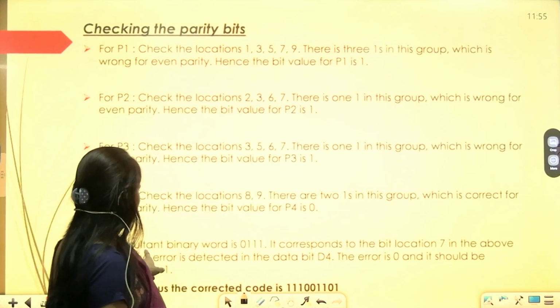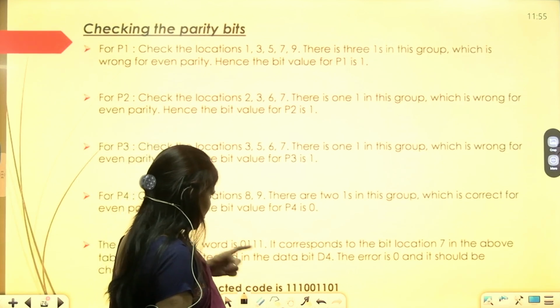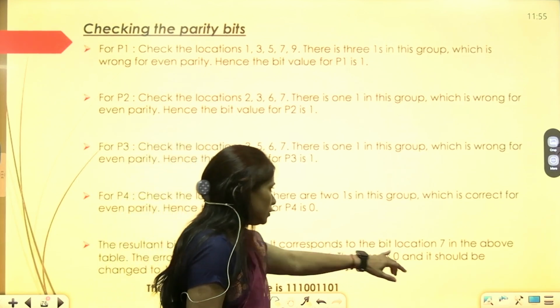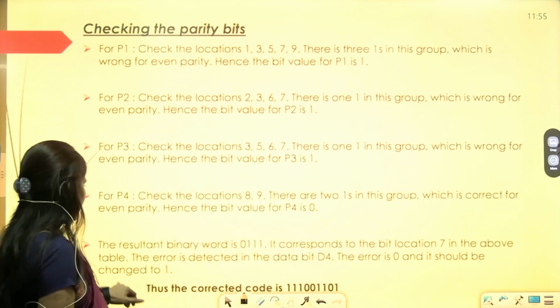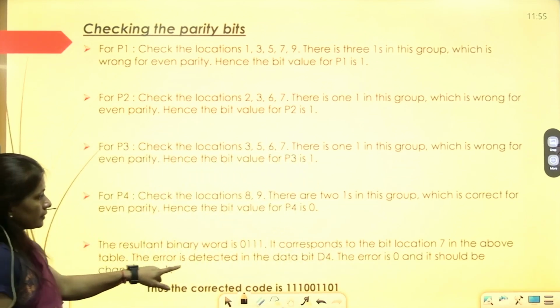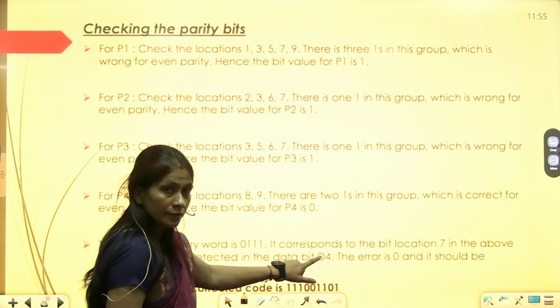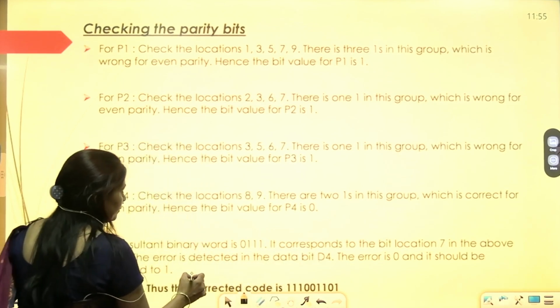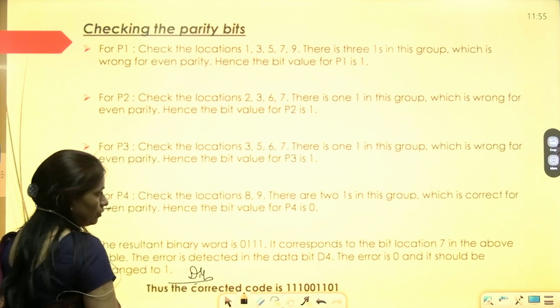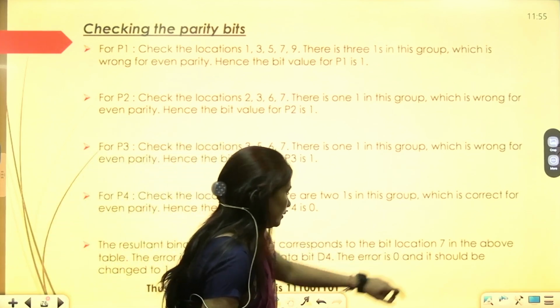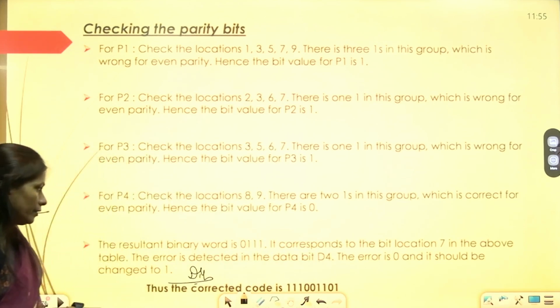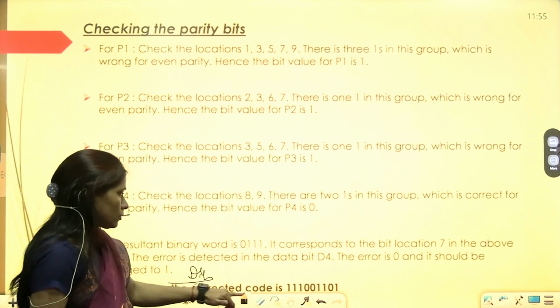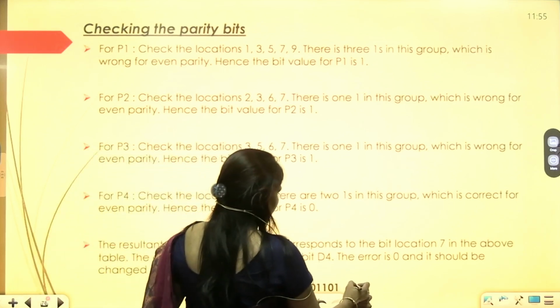The resultant binary word is 0111. It corresponds to bit location 7 in the above table. The error is detected in the data bit D4. The bit is 0 and it should be changed to 1. Thus the corrected code is 1.